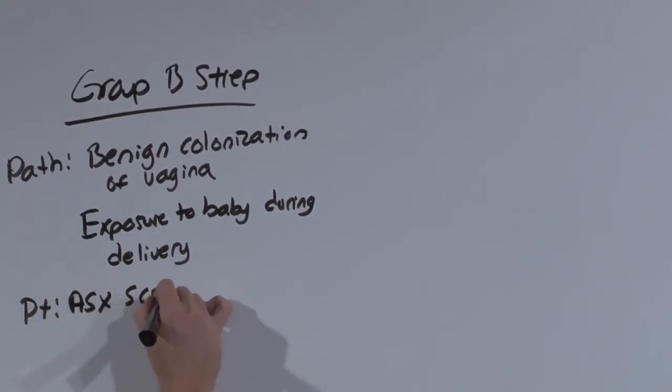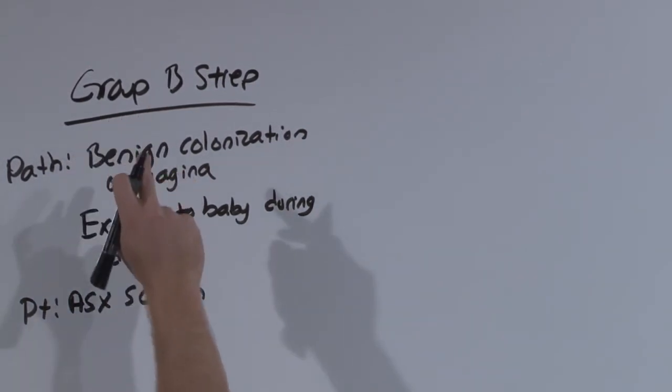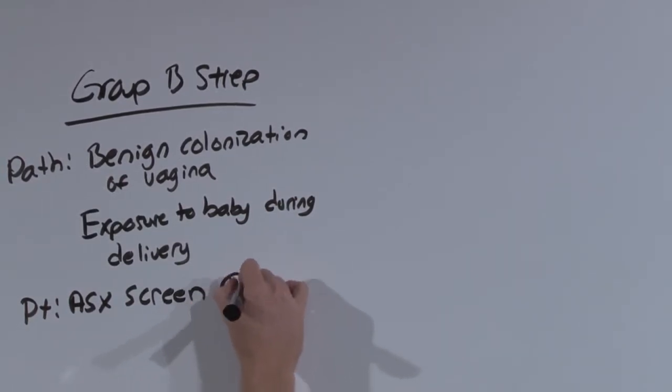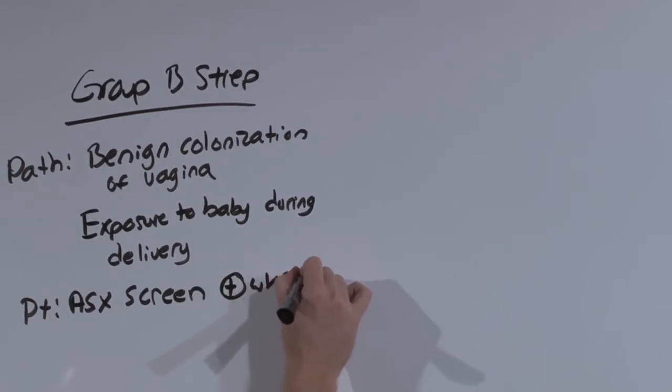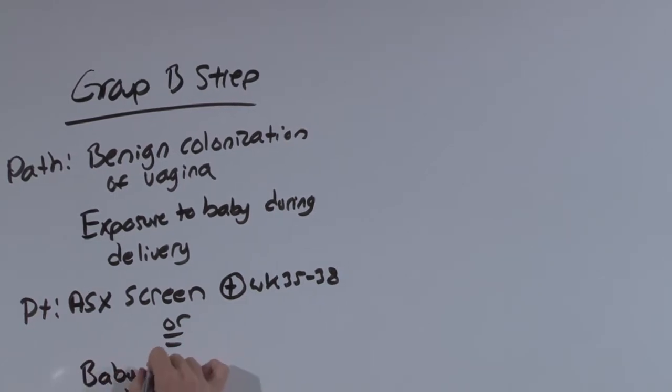And in fact, we do this every patient, every time, because group B strep is going to be catastrophic to baby. So either we do an asymptomatic screen that shows positivity between week 35 and 38, or if you forgot to screen and mom has an infection, baby is going to present with a normal delivery.